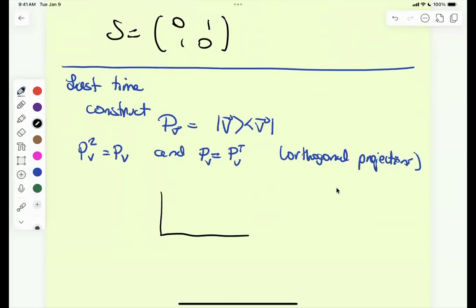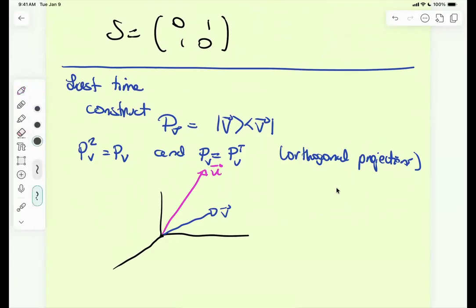I'll do my picture pretending that it's all 3D. So if you had the vector v here, and you have the vector u here, then P_v u, maybe I should make this one a bit shorter, there's a right triangle here.